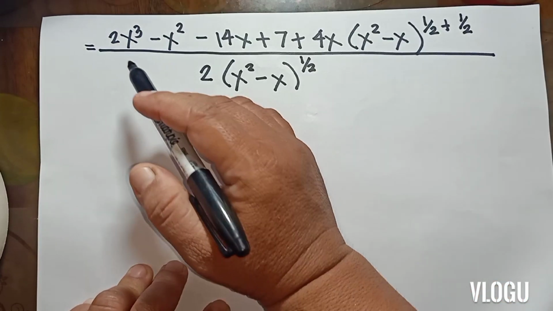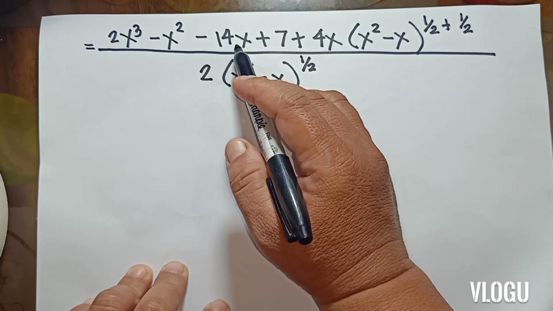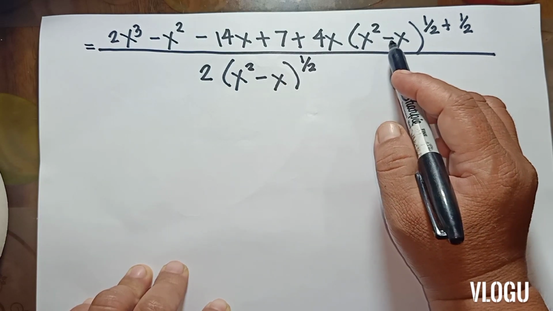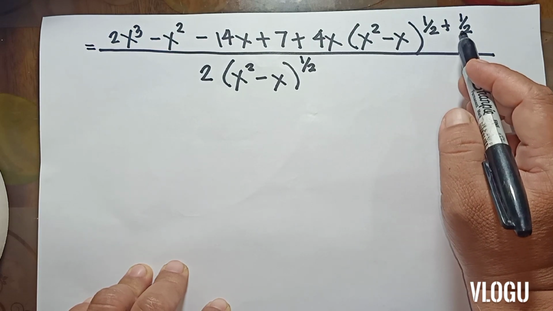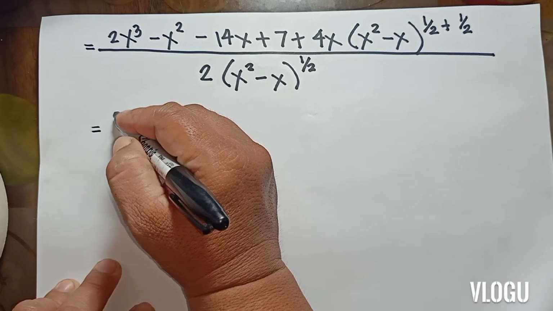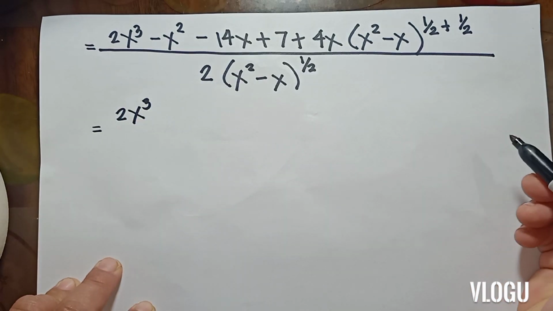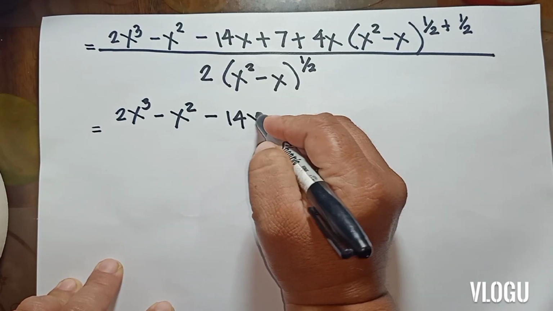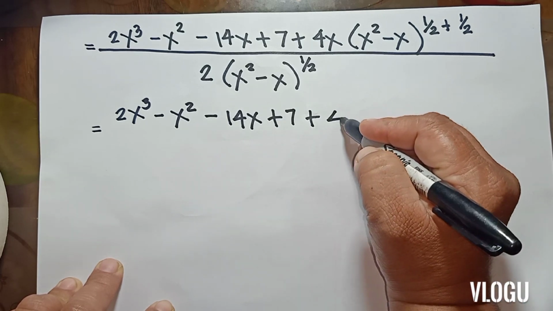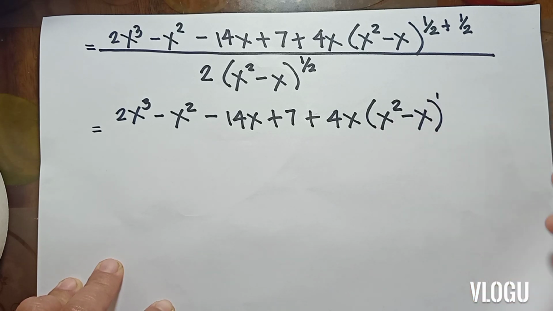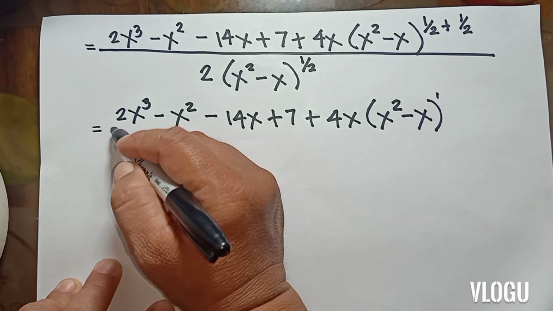Okay, we have now the form 2x cubed minus x squared minus 14x plus 7 plus 4x times x squared minus x raised to 1/2 plus 1/2. So therefore, our form would become 2x cubed, okay, minus x squared minus 14x plus 7 plus 4x times x squared minus x, that is raised to 1. Because 1/2 plus 1/2, that is equivalent to 1.